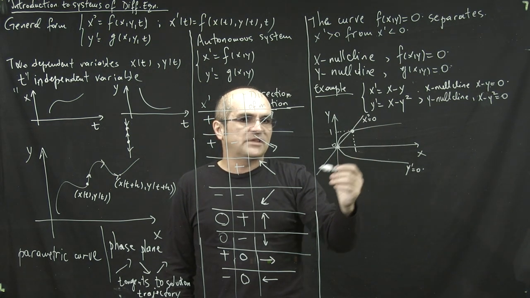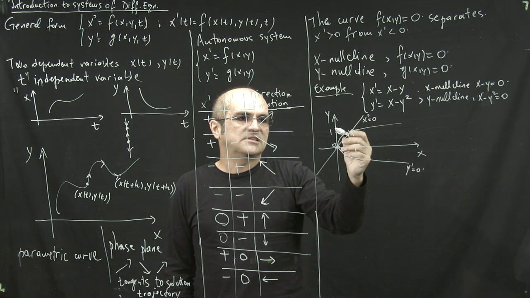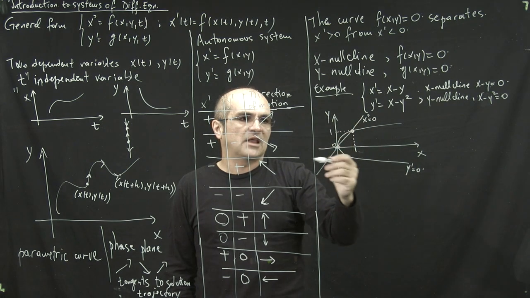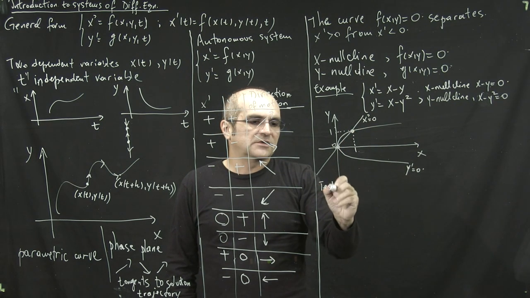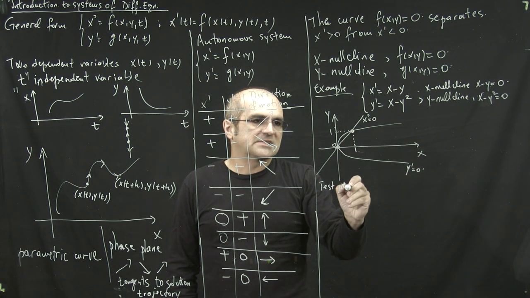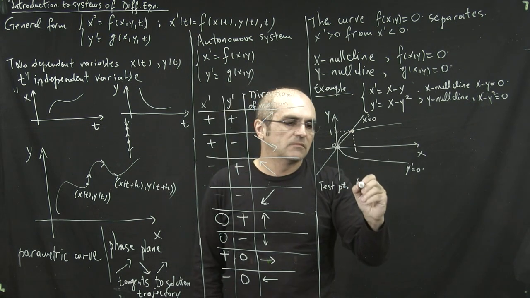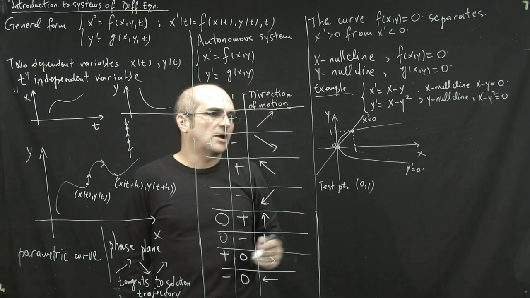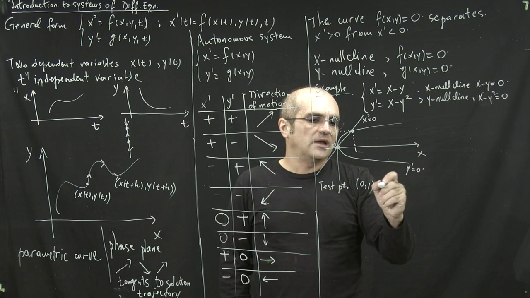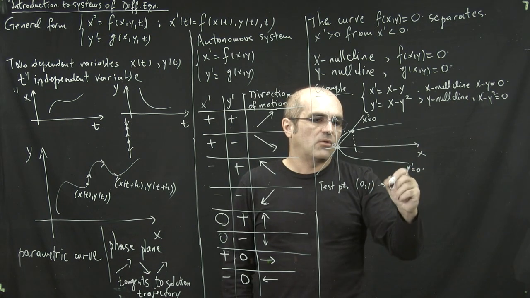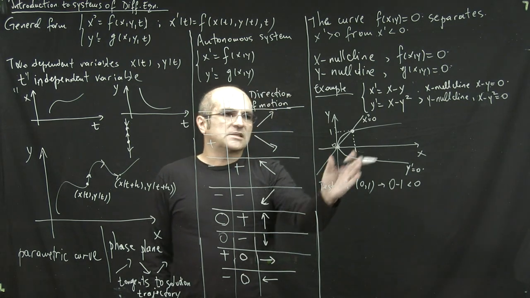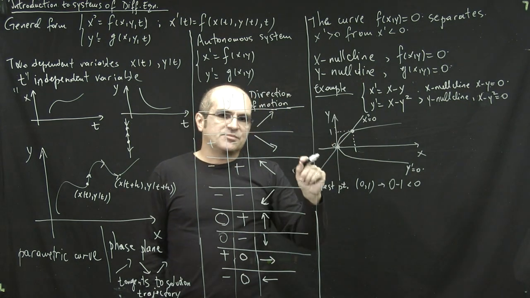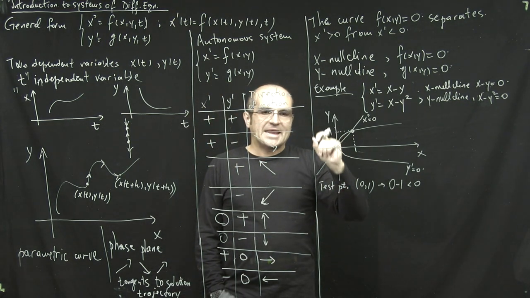I can pick an easy test point, maybe a point on the y-axis, let's say x equals 0, y equals 1, and you plug it into the nullcline, and that's going to be 0 minus 1, which is negative. So I know that above the line, x prime will be negative.